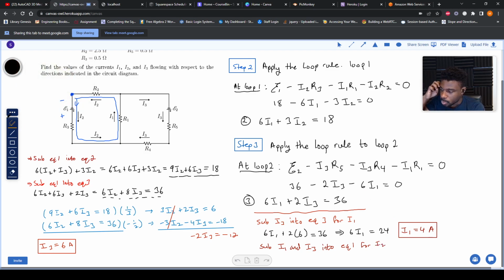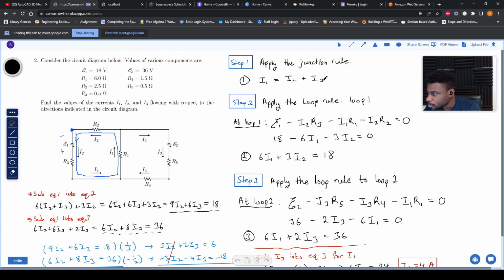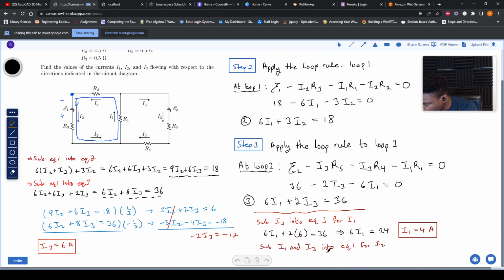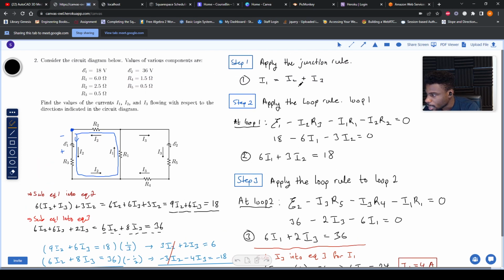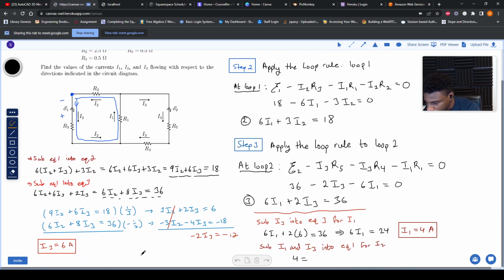I3 is 6, I1 is 4. Substitute that into equation 1 to solve for I2. So we're going to say 4 is equal to I2 plus 6, which means that I2 must be negative 2.